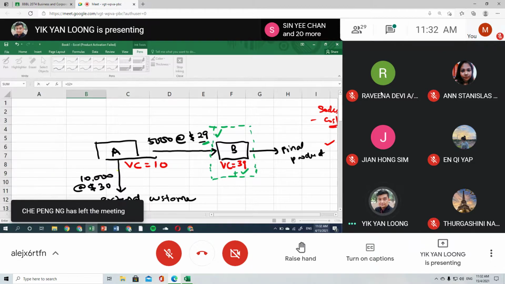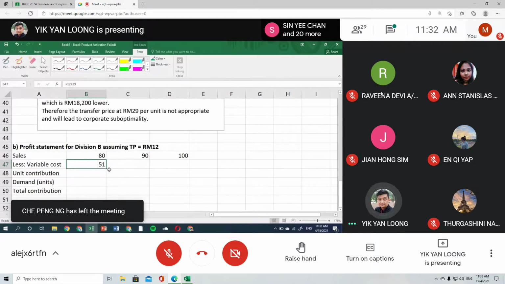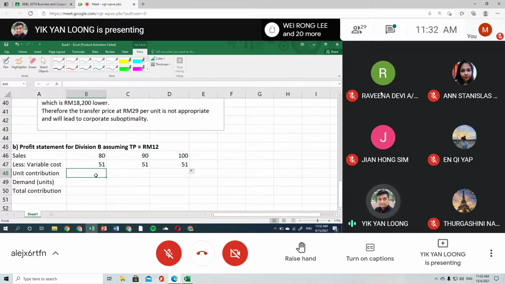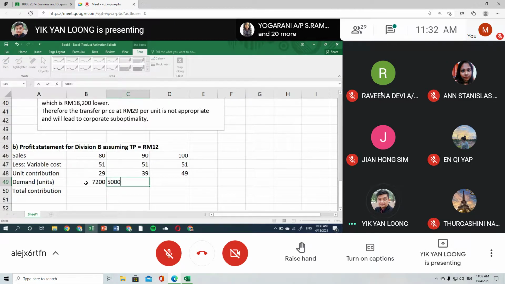That is the variable cost. Now your unit contributions will be 80 minus 51. Demand will still be the same: 7,200, 5,000, and 2,800. So the total contributions will be your unit contributions multiplied by the demand.